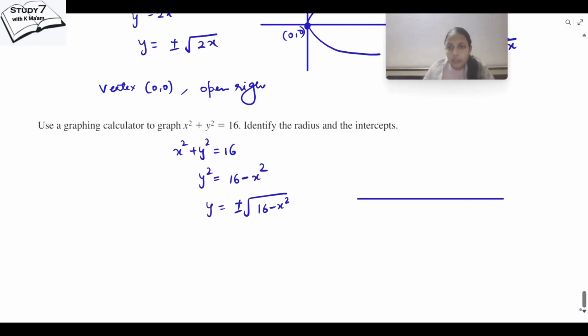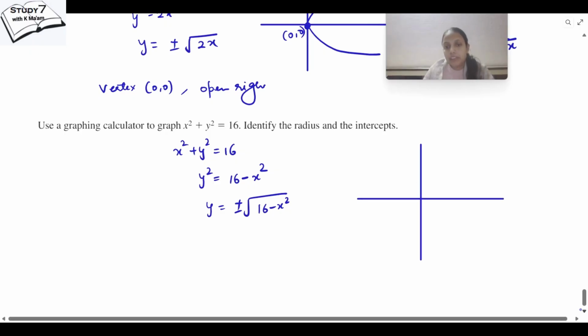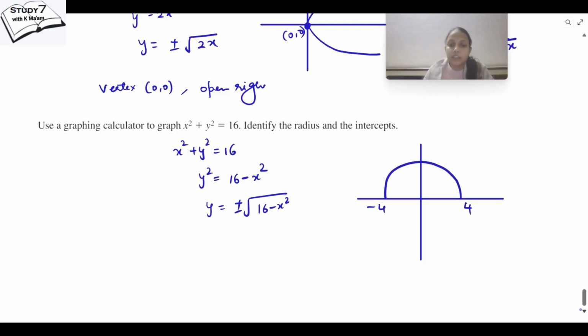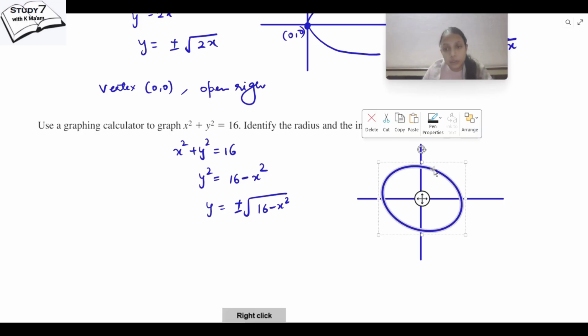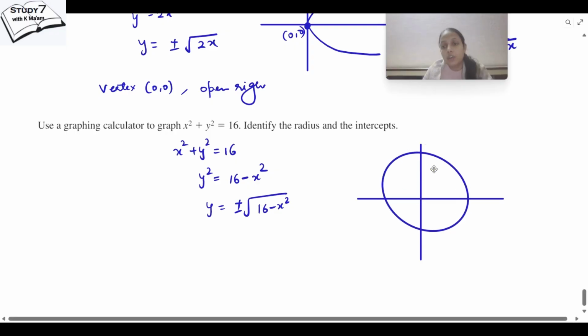If it is positive, you will get this, in between minus 4 to 4. If you have the negative part, then it will cover this also. So basically it is a total circle, with the center at (0, 0).